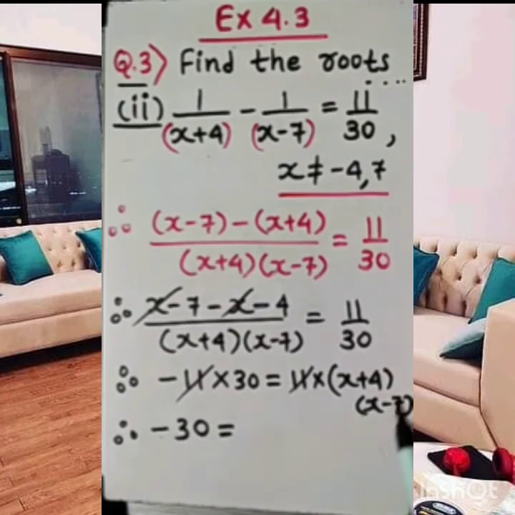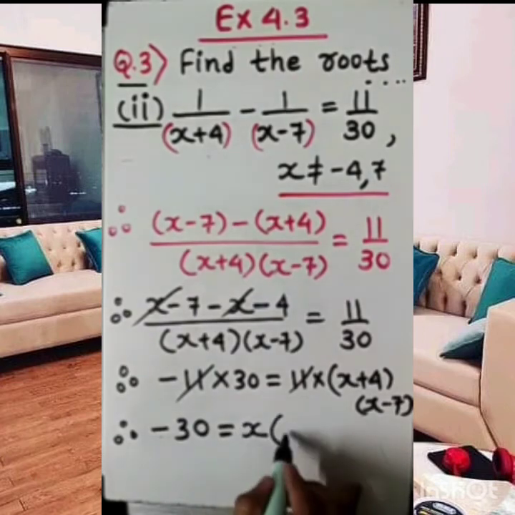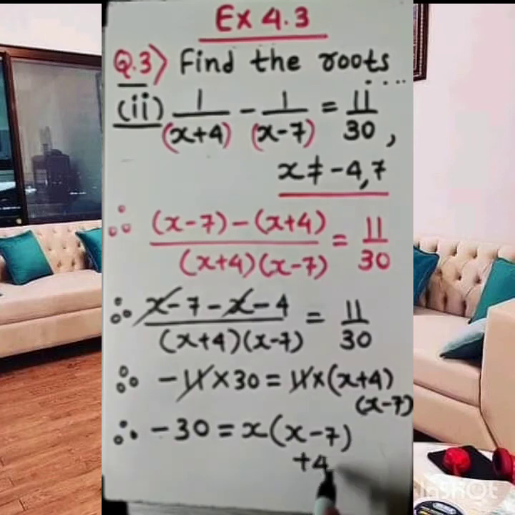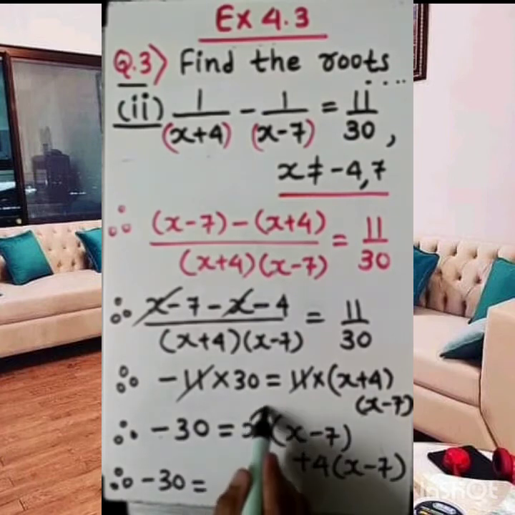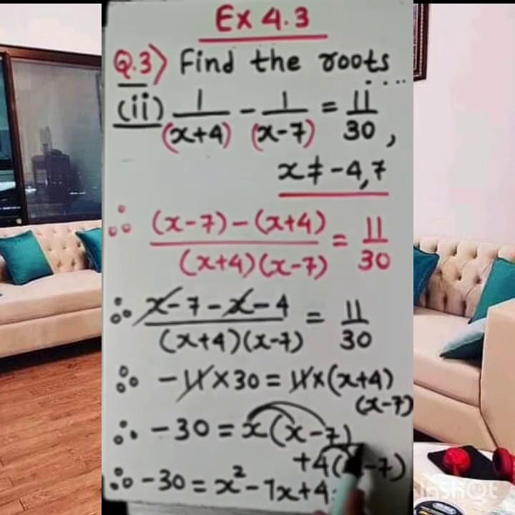Now on this side we have to multiply these two brackets. You know very well how to multiply. x in one bracket, x minus 7 plus 4, and in another bracket x minus 7. So finally if I simplify, minus 30 equal to x into x is x square, x into minus 7 is minus 7x, 4 into x is 4x, minus 4 sevens are 28.